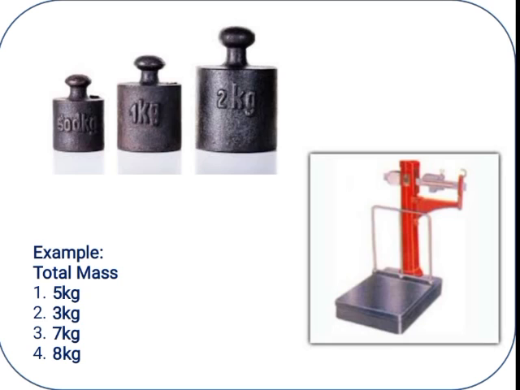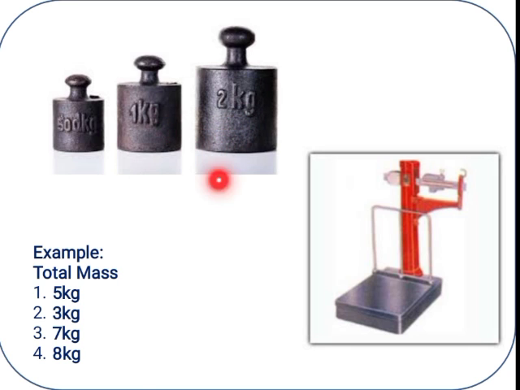Here, all of you know that these are weights, and this is a weighing machine. You just assume what is the total mass. These are some weights which have some values, 1 kg and 2 kg.